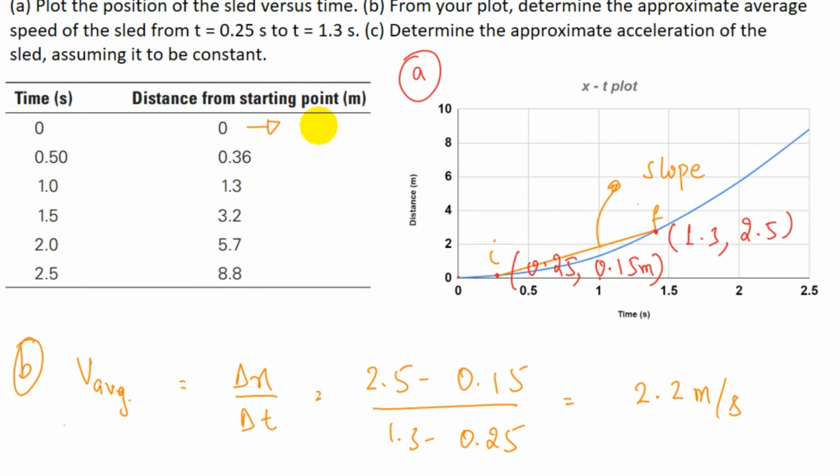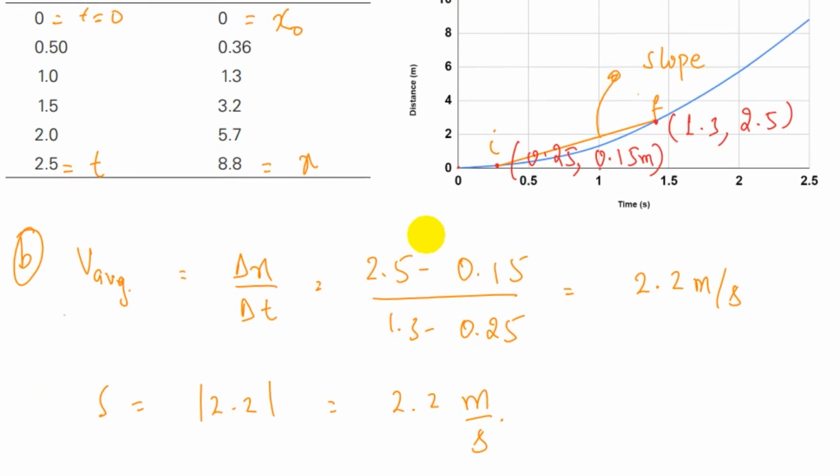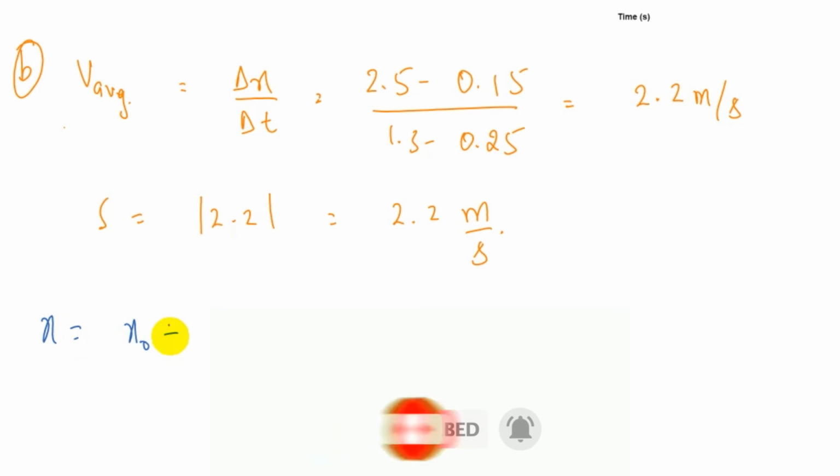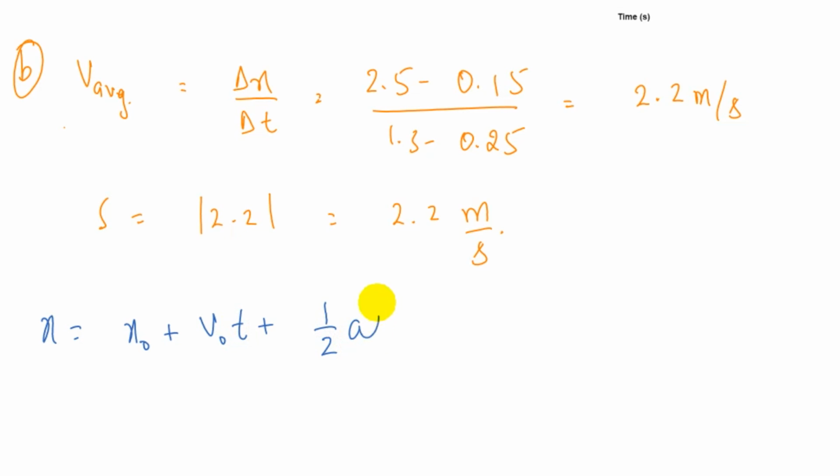We can take this to be the initial position, x naught at time t equals 0, and this is time t equals 2.5 seconds, and this is x. Now we can use the equation of motion, which is x equals x naught plus v naught t plus 1 over 2 a t squared.